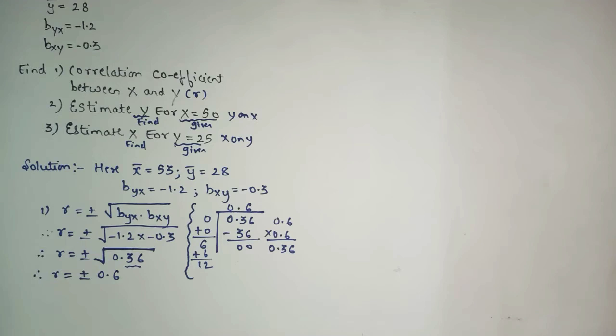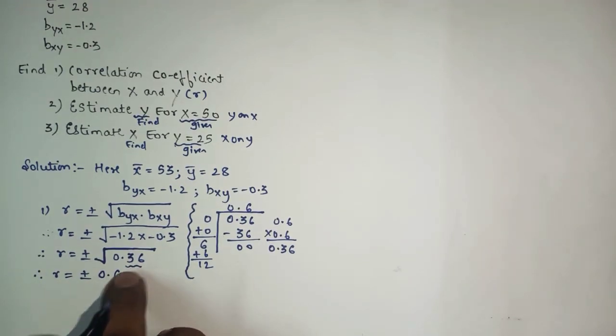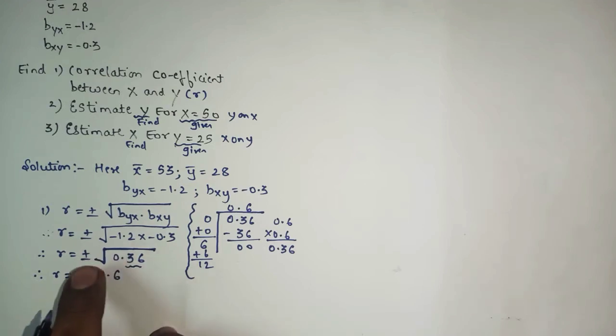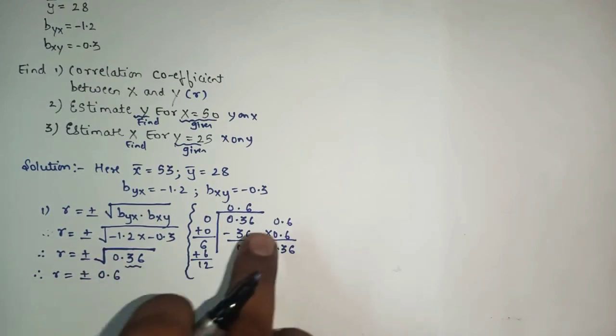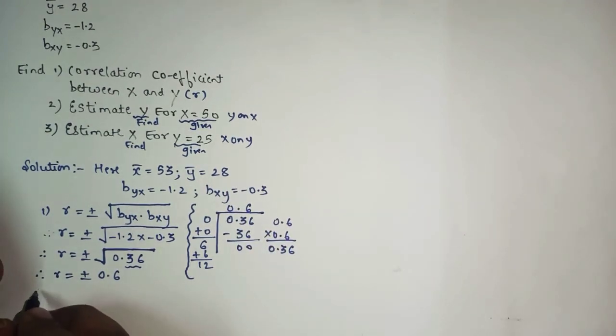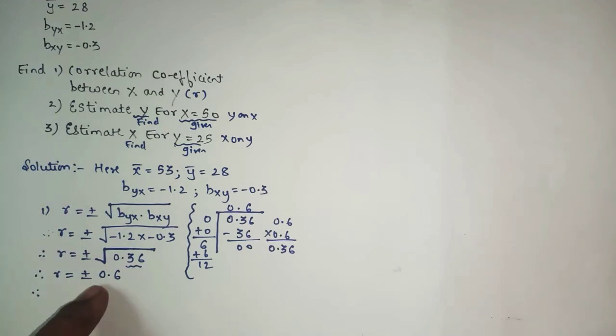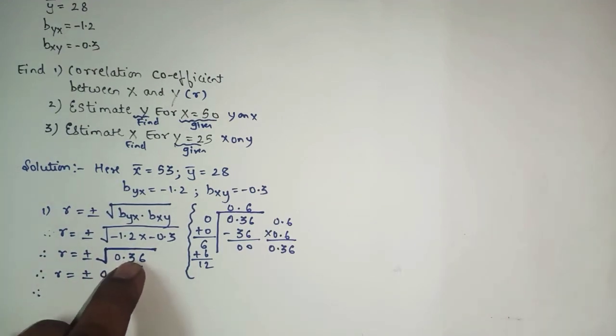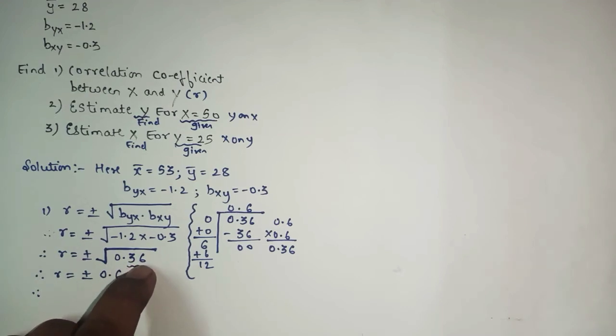If you know the square root of 36 is 6, but here it is 0 point, so I wrote 0.6. When you multiply 0.6 two times, you will get 0.36. That's it. Now this method is applicable when the square root is perfect, like 25, 36, 49.